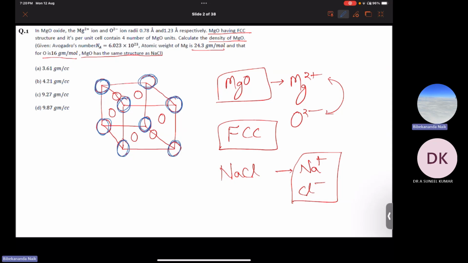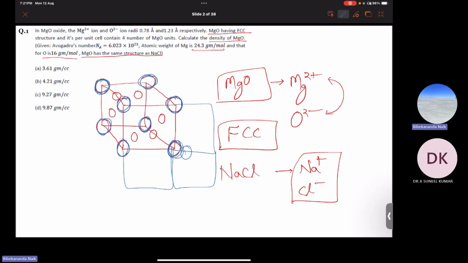The total contribution from the 8 corner atoms will be 1, because each corner atom is shared among 8 cells. There are 4 cells here and another 4 above it, so in a three dimensional structure, this one atom contributes to 8 cells.